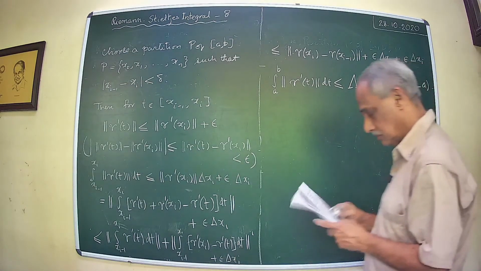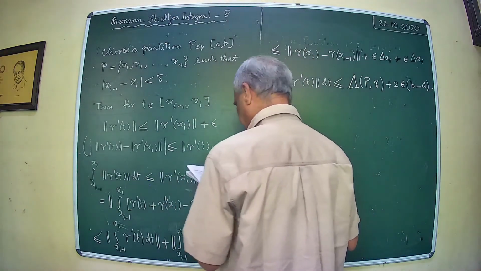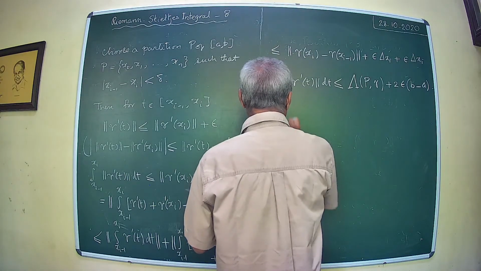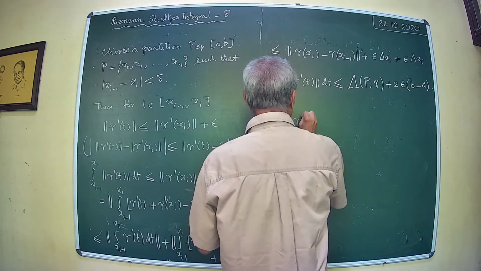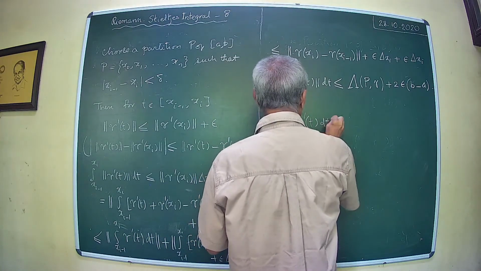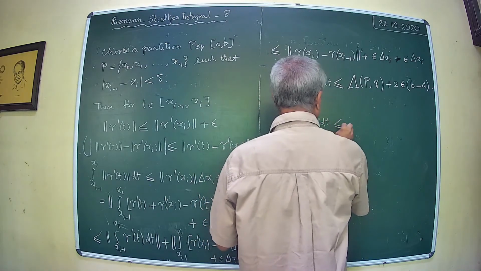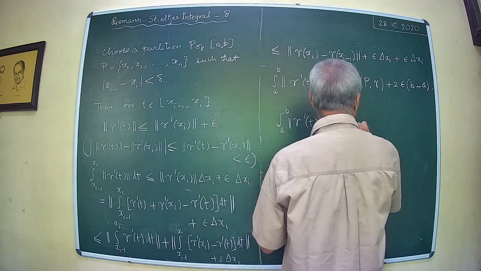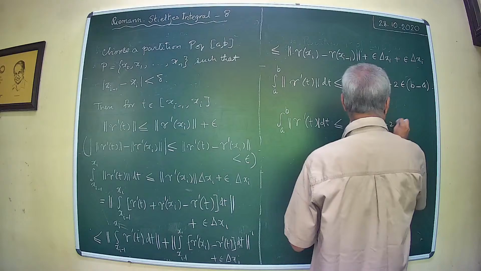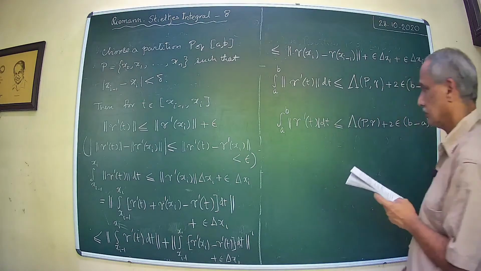So, okay, this is the inequality that you know. What have you obtained? You obtained the following. You obtained that the norm of the integral from a to b of gamma prime t dt is less than or equal to lambda, this is what we have obtained.